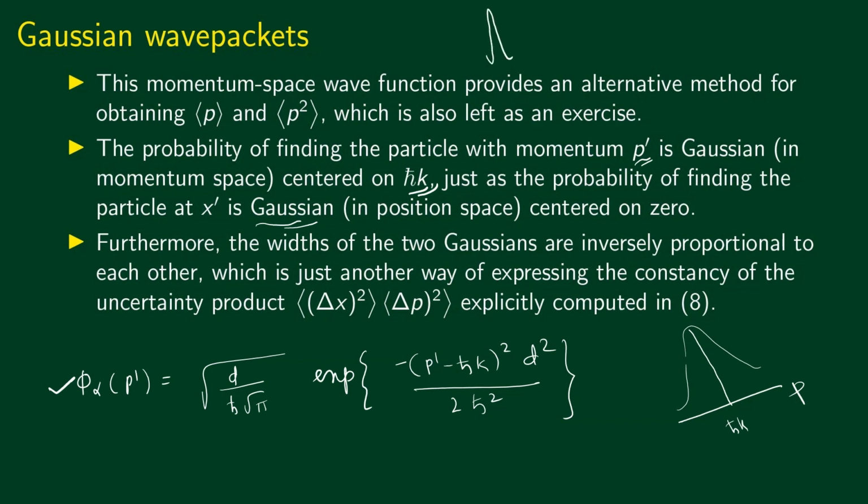So if d is very small, the width of the momentum space wave function goes like 1 by d square, which is very big. So if the position space wave function is like this, the momentum space wave function will be extremely spread out. The momentum space probability amplitudes will be extremely spread out.